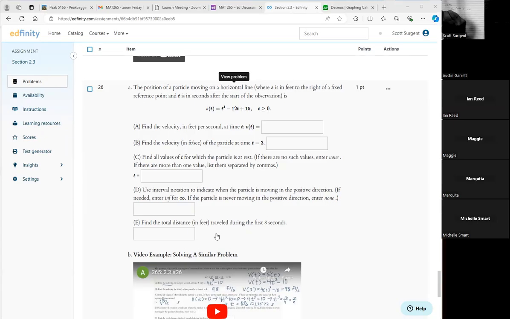So we want the velocity general formula, and we want it at t equals 3. We want all values of t where the particle is at rest. We want where it's moving in the positive direction. And the total distance traveled during the first 8 seconds.